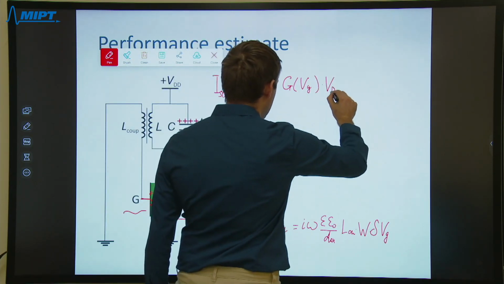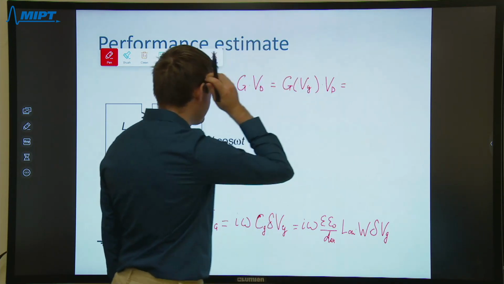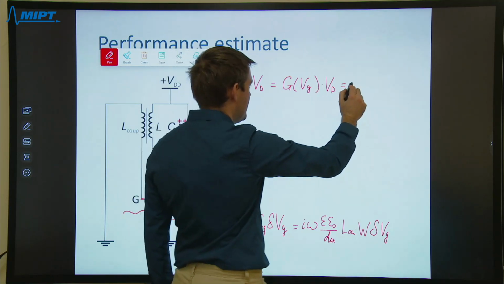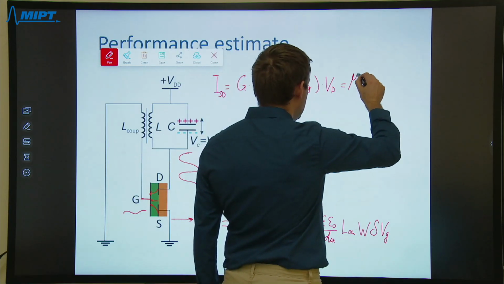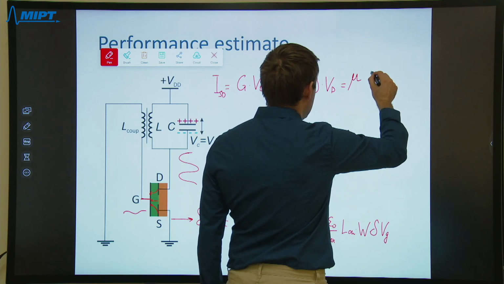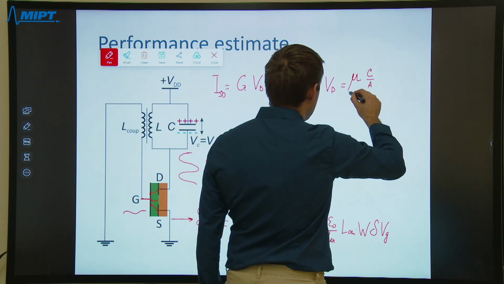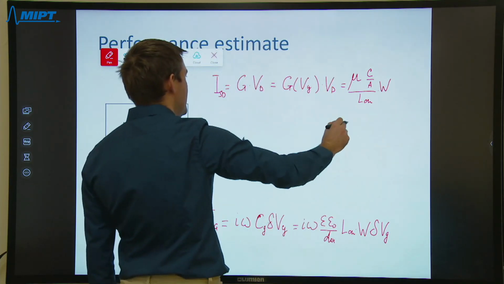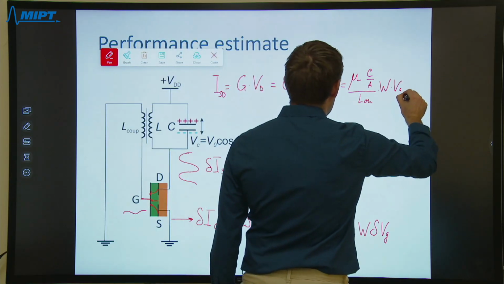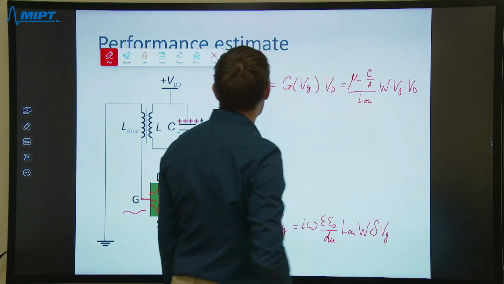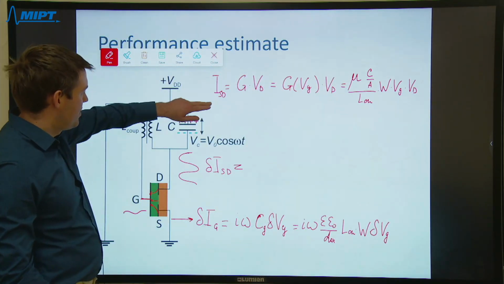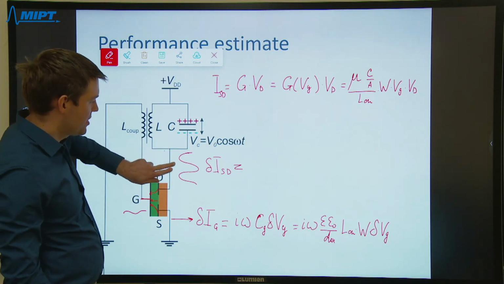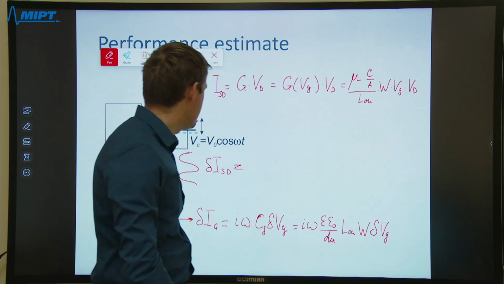We have found this dependence, and the conductivity dependent on gate voltage is mobility multiplied by capacitance per unit area divided by channel length multiplied by channel width and multiplied by gate voltage. So we need now to compare the amount of amplified current in the source drain circuit to the current in the gate circuit.